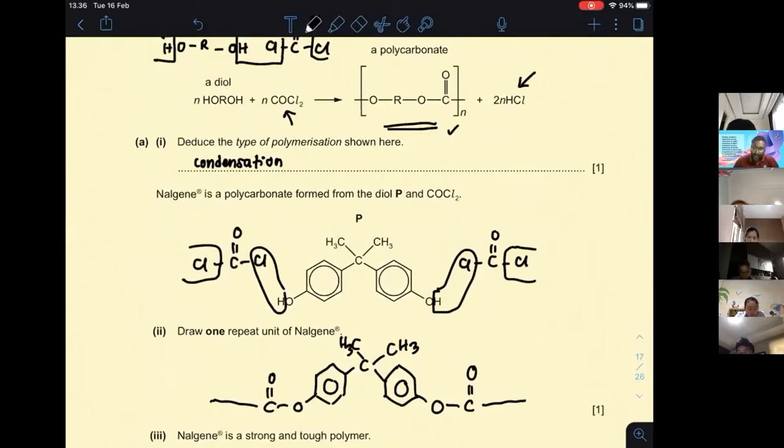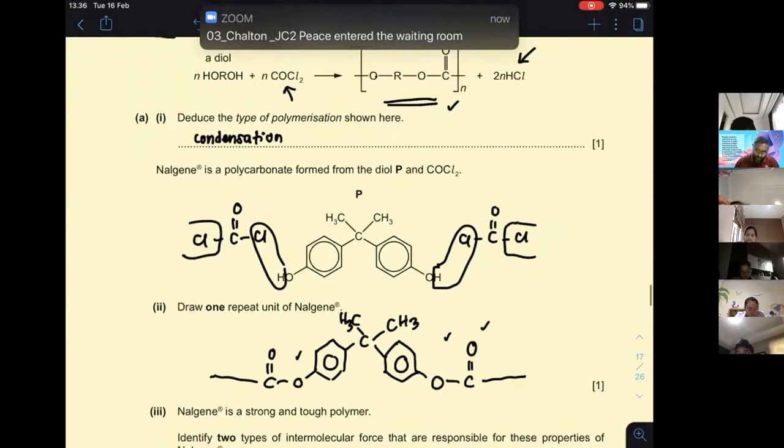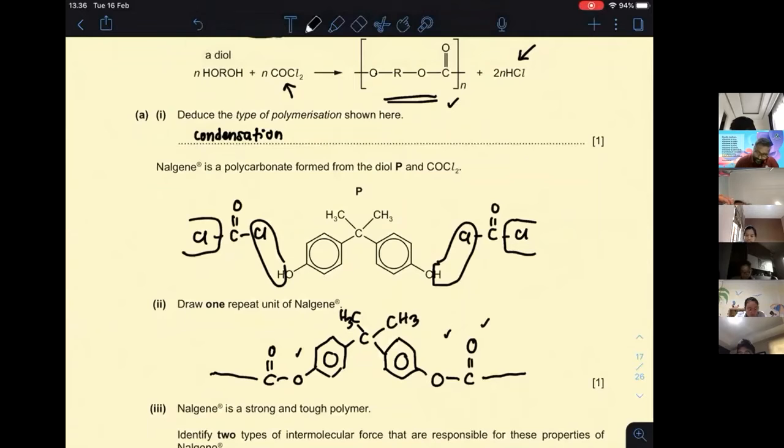You see carbon double bond O, and another O. So this was similar to that, and it ended from R with O, so ended over here. To show one repeat unit, you do not need to show this part. You just need to show up to here.